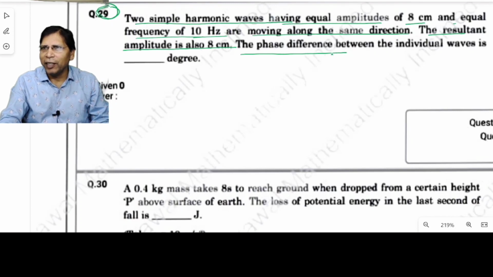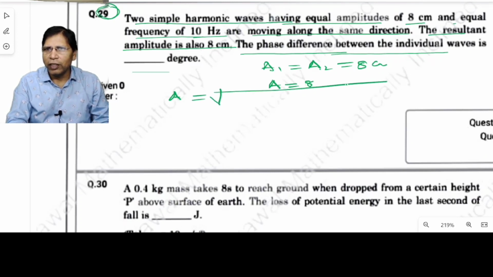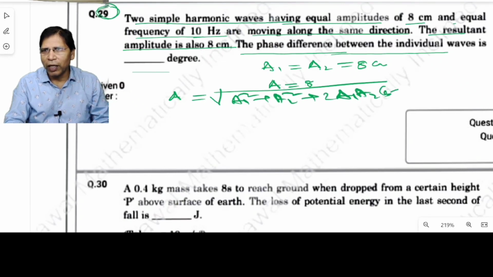What is the phase difference between the individual waves in degrees? Now here, A1 is equal to A2 equal to 8 centimeter, and the resultant amplitude is also 8 centimeter. The resultant amplitude due to superposition is A equal to root under A1 square plus A2 square plus 2 A1 A2 cos phi.